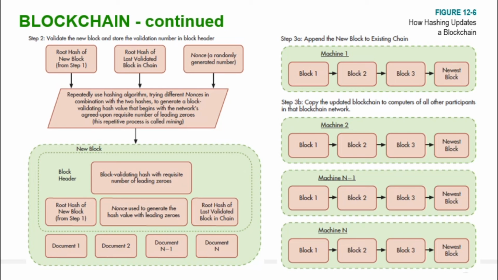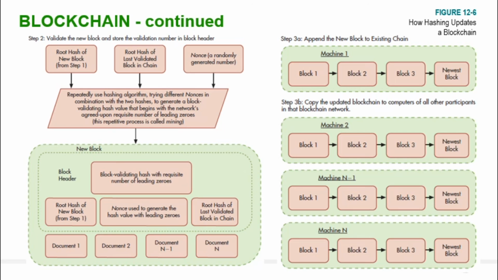Using this blockchain is very secure because they go through step 1 and step 2, and then the last document will already be secured by the hashing and encryption. It is added in the new block.